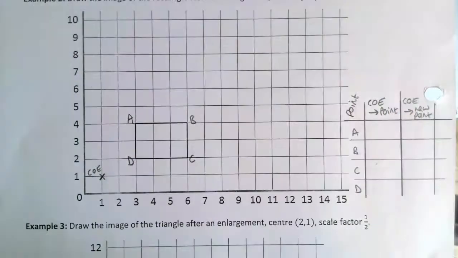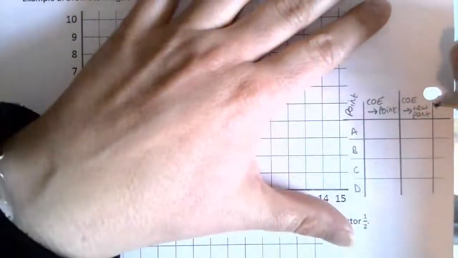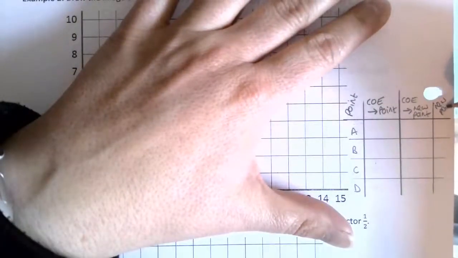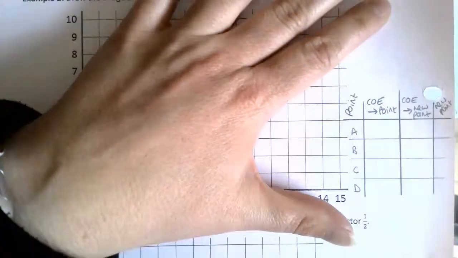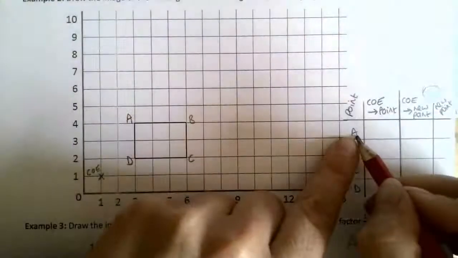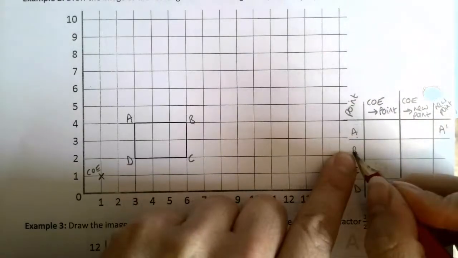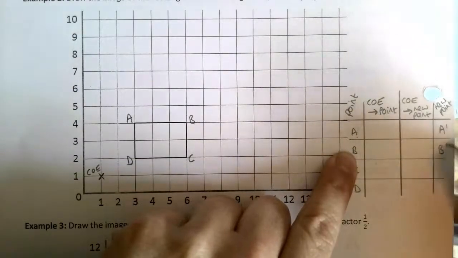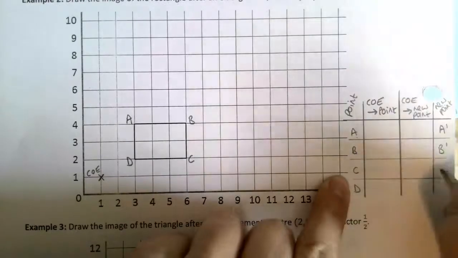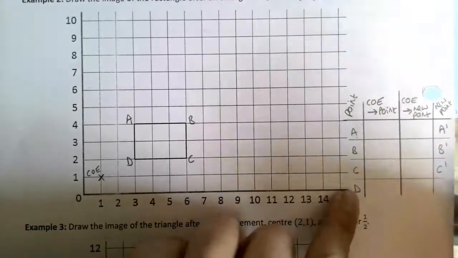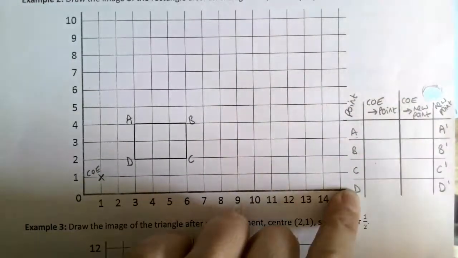And then the very last column, we're just going to list what we call the new point. If our original point is A, our new point, remember, is going to be A dash. If our original point is B, our new one will be B dash. Original point C, C dash. And original point D, our new one is D dash.